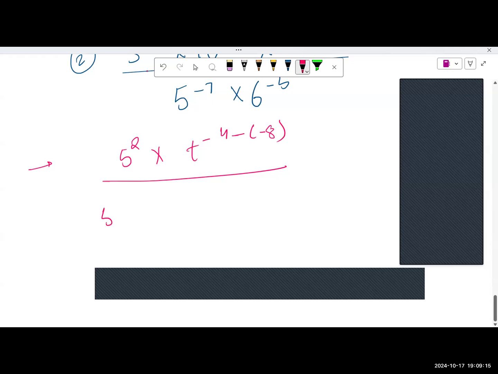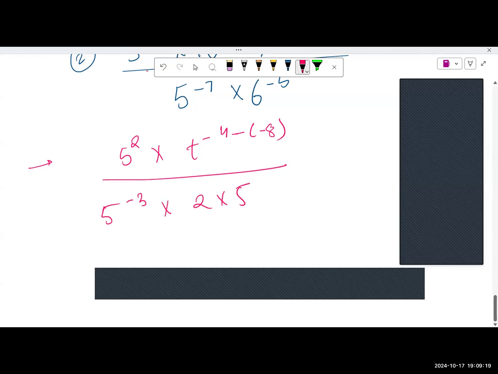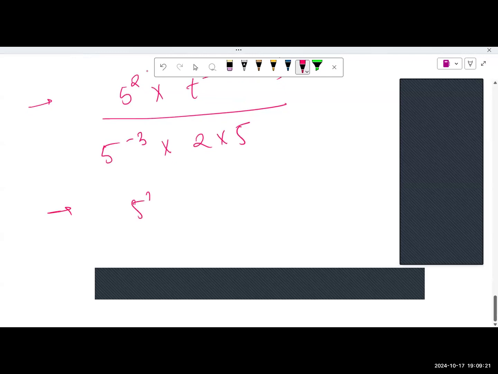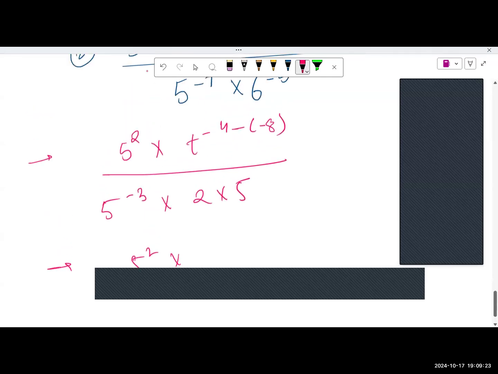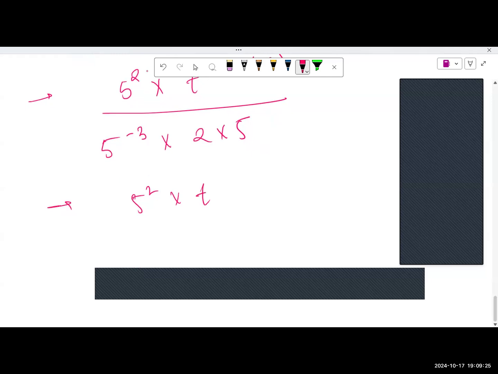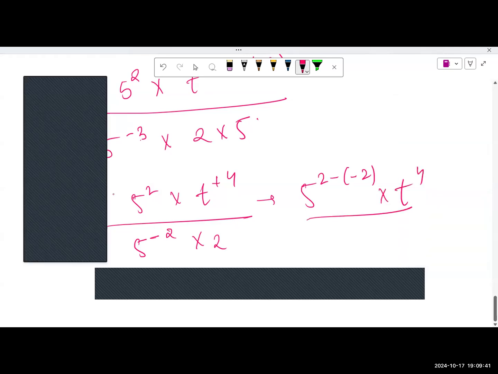Then you have 5 to the power minus 3 into 2 into 5. So now you have 5 square into t to the power minus 4 plus 8, so t to the power plus 4, upon 5 to the power minus 3 plus 1. So it will be minus 2 into 2. So it will be 5 to the power 2 minus 2, into t to the power 4 upon 2.